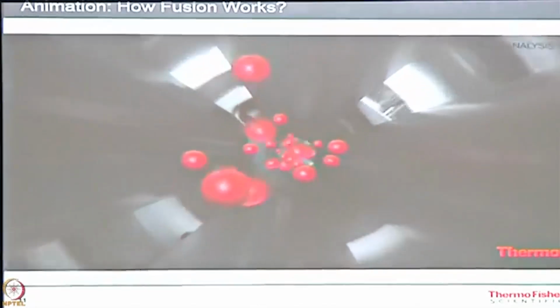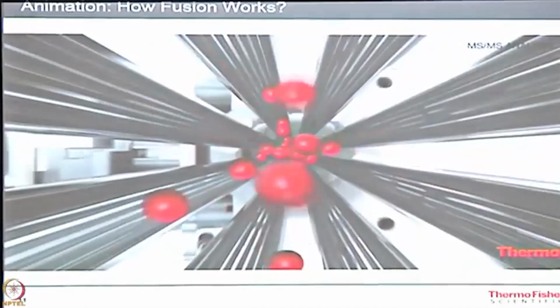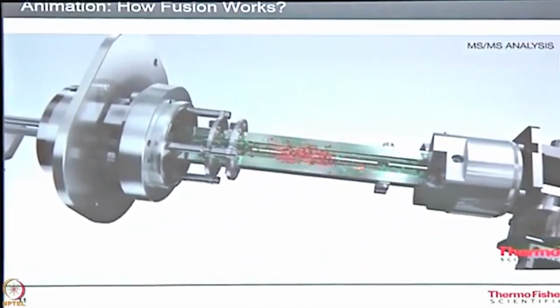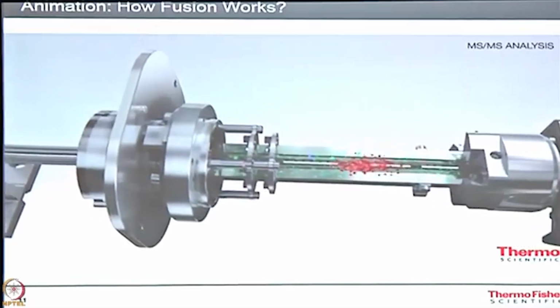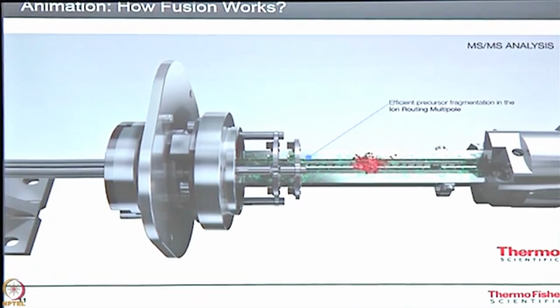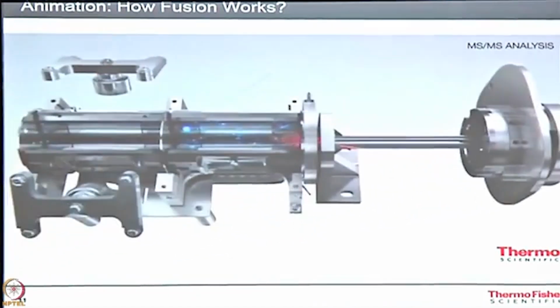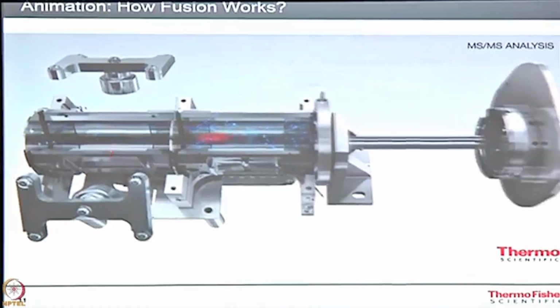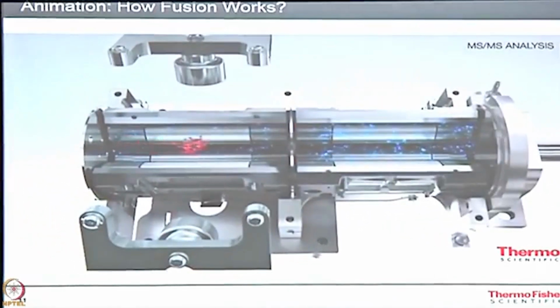Now that molecule goes to the ion routing multipole and gets fragmented. Here it is fragmented in HCD mode, which is nothing but higher-energy collision induced dissociation. After fragmenting, it goes to the ion trap, where it is stored first and then trapped, and then it gets detected.